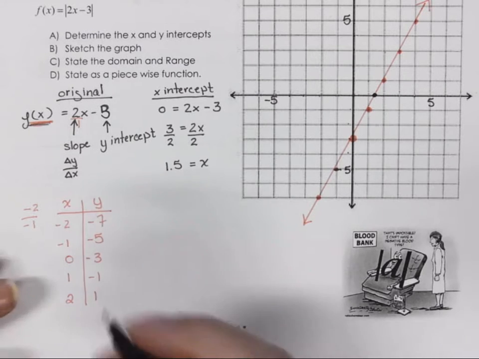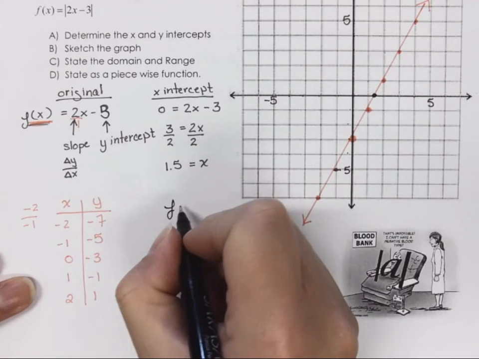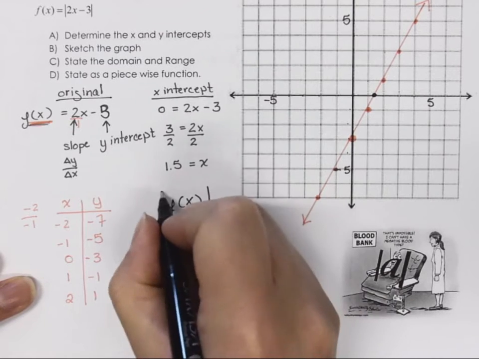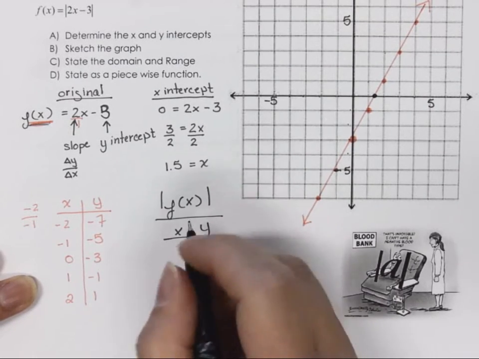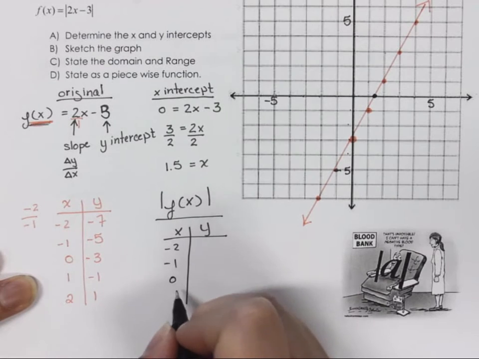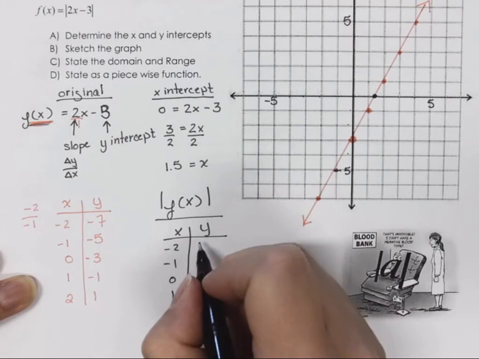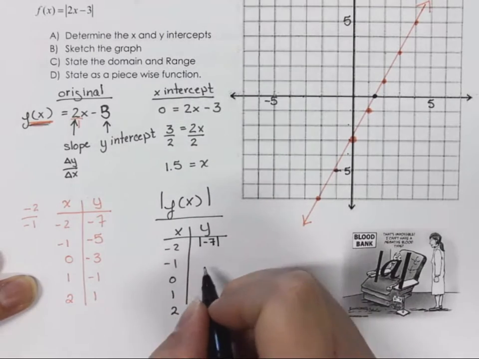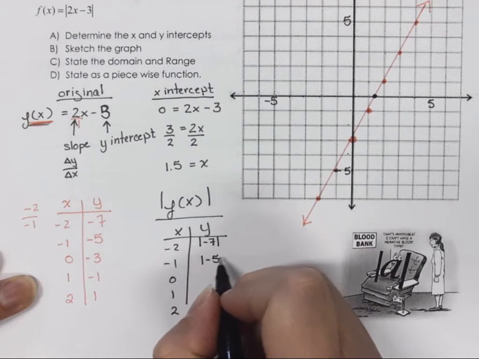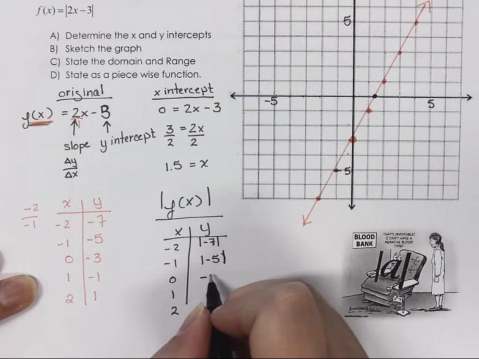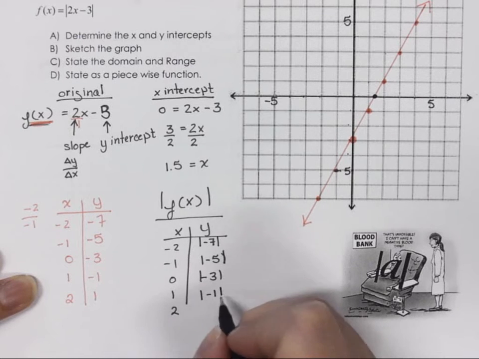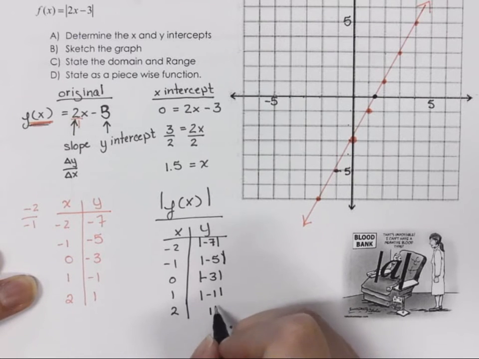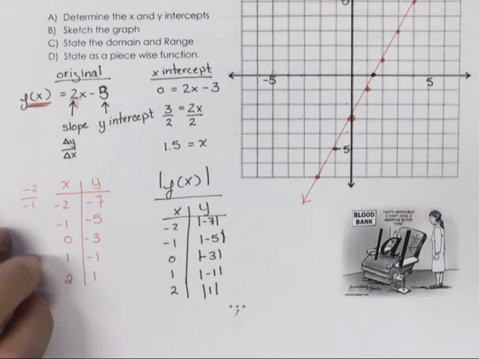So now if we do the absolute value graph, our table of values is the same, so -2, -1, 0, 1, 2, but this is the absolute value of 7, the absolute value of 5, the absolute value of -3, the absolute value of -1, and the absolute value of 1.